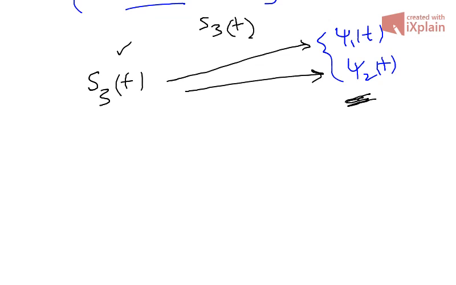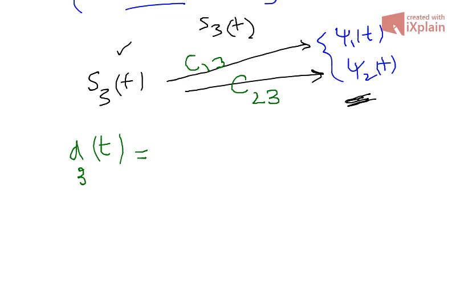So I would like to directly write here D3 of t. Let me repeat, from S3 of t we need to find C13, which is the projection of S3 over psi 1, and we also need to find C23, which is the projection of the third signal over the second orthonormal waveform.